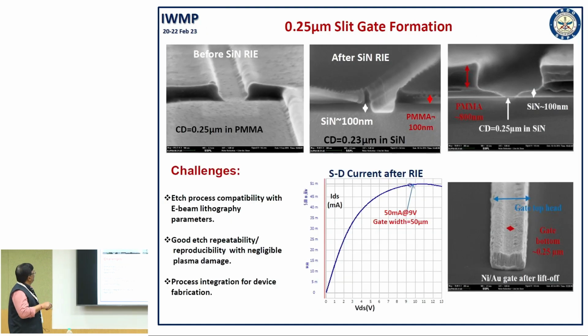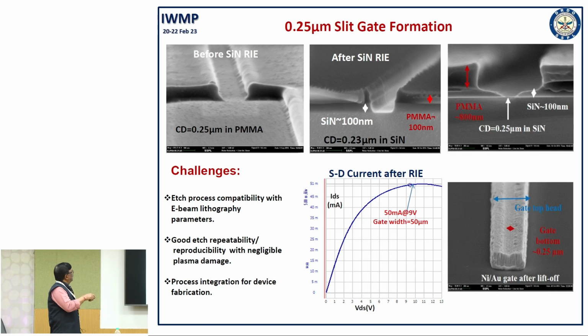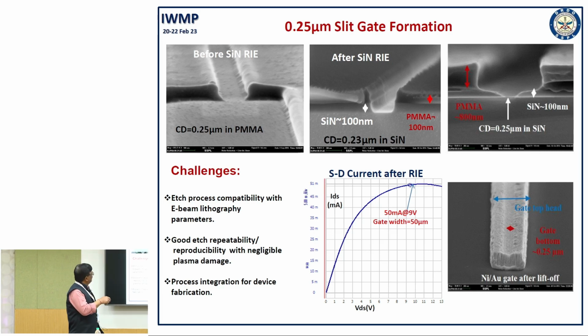So, once you have defined the gate length of 0.25 micron, then we have to etch silicon nitride. So, the second SEM photomicrograph is showing the silicon nitride etched, and our silicon nitride thickness is around 100 nanometer, and then gate metal is done, and this is the gate with the slit.